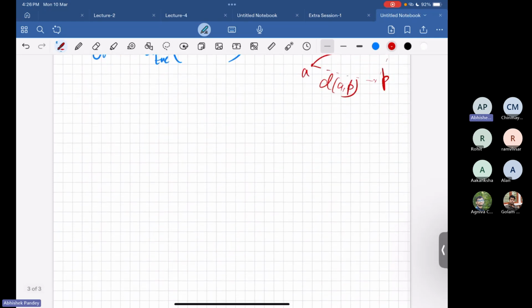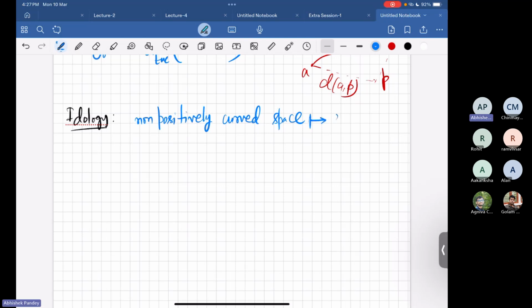So our ideology is to use the observation of Hadamard. For non-positively curved spaces, we want this g naught to be convex.